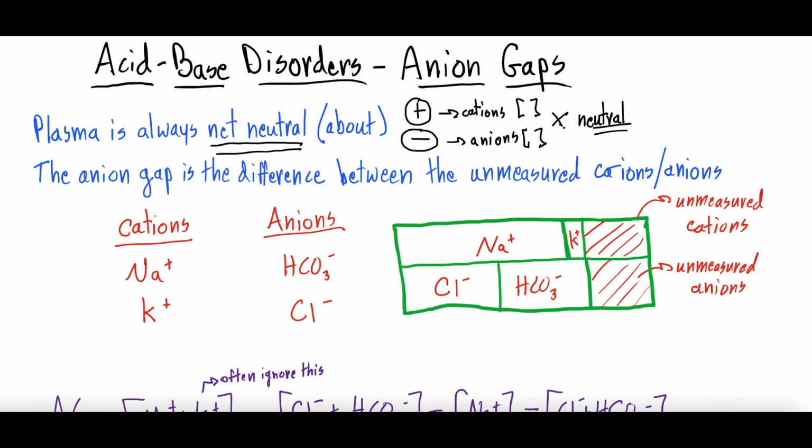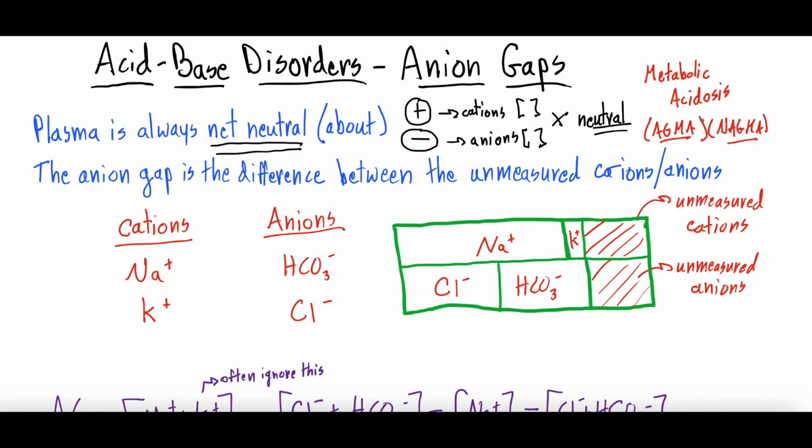Well, this can be helpful when we talk about acid-base disorders, particularly metabolic acidosis. Anytime you have a metabolic acidosis, you want to know: is this an anion gap metabolic acidosis, an AGMA, or a non-anion gap metabolic acidosis, a NAGMA?